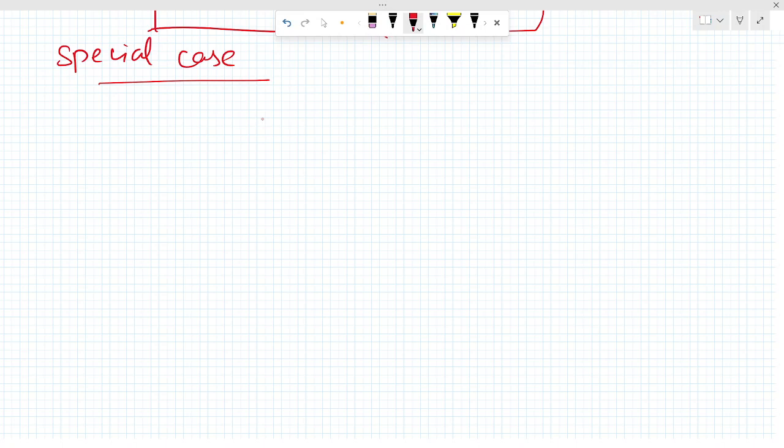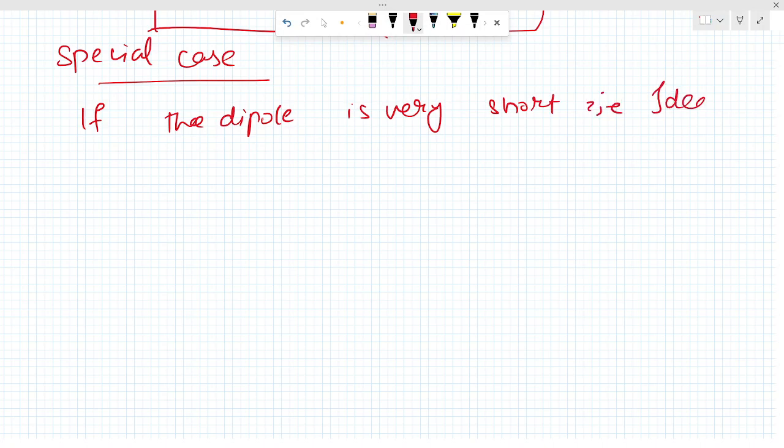For the special case, if we consider the dipole is very short, that is an ideal electric dipole, then a is very much less than r.